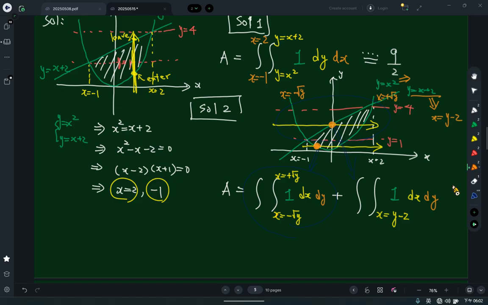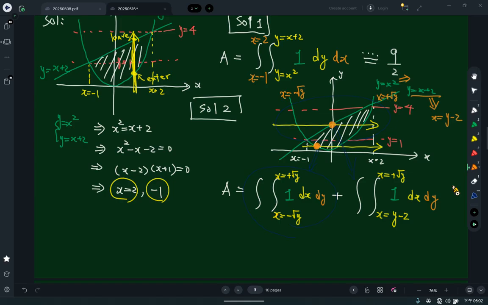Then the leaving point is also s is equal to positive square root of y. Okay, so this is this part. This is this part.